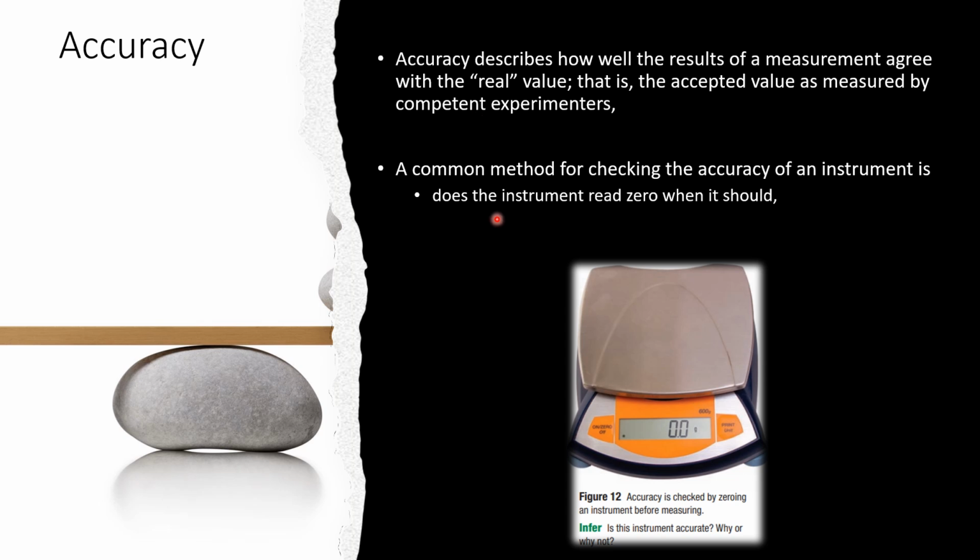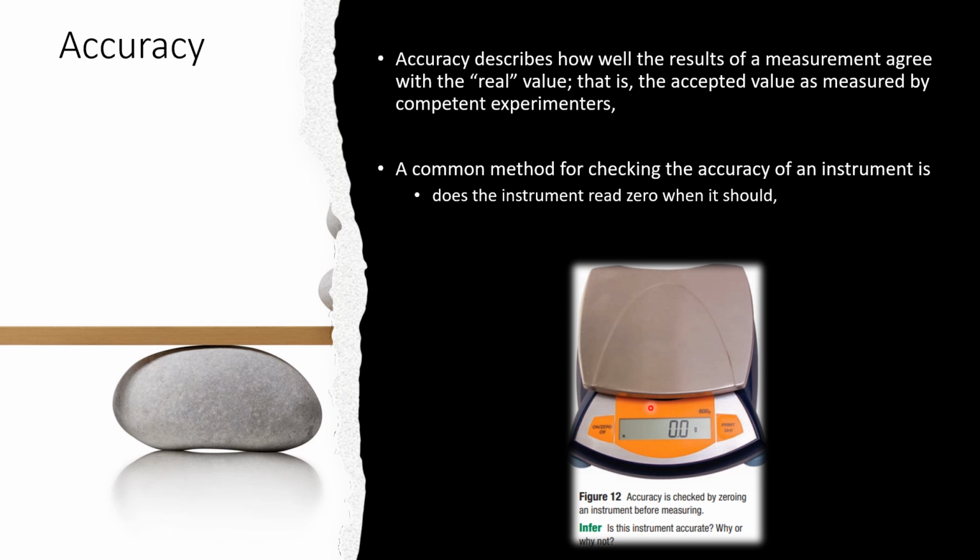If they ask us how to make sure that an instrument is accurate, a common method is to check if the instrument reads 0. So for example, if I want to measure my weight, the balance has to read 0 at the beginning, otherwise it will give me a wrong answer.